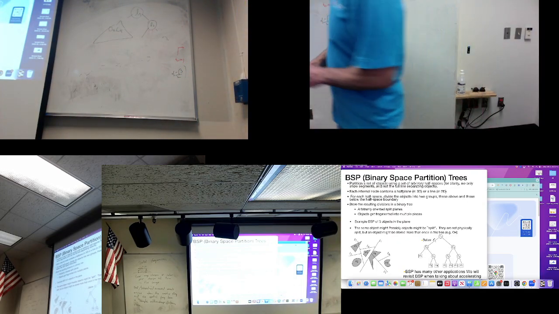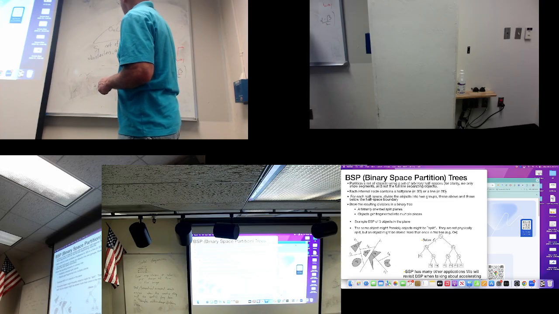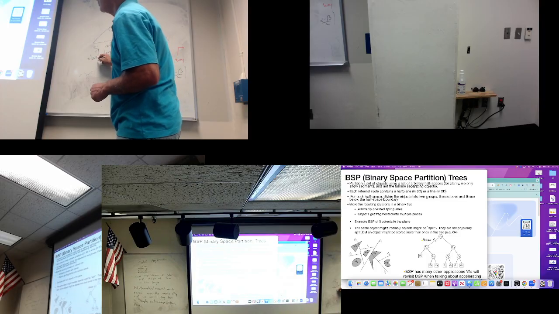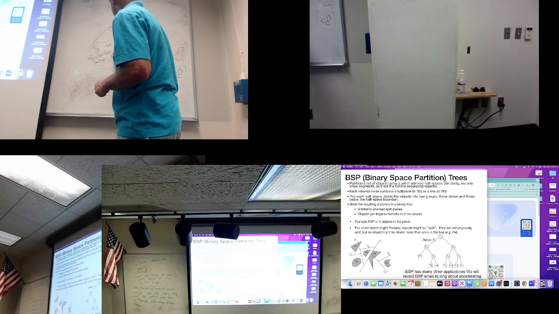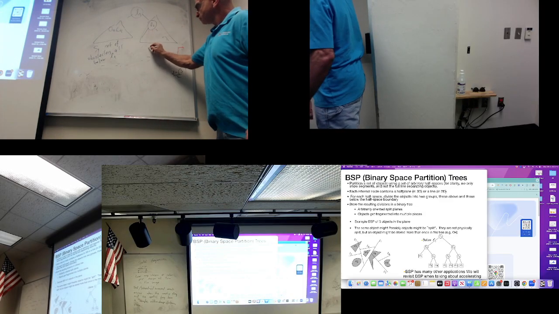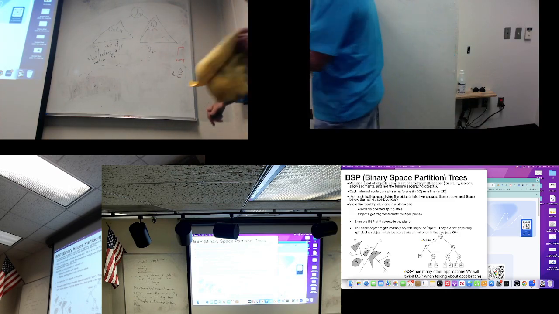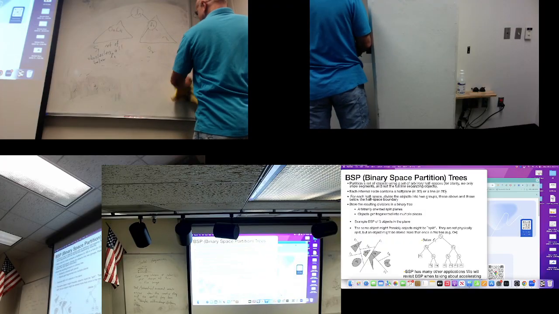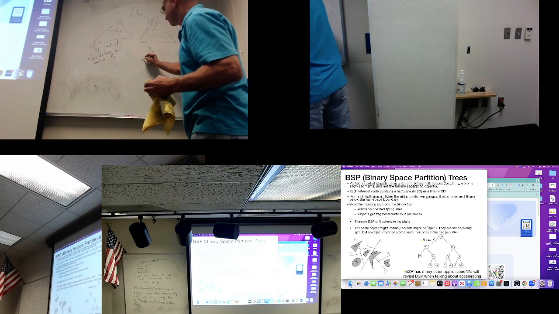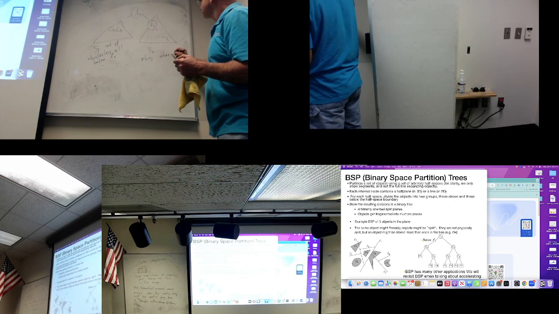So you have S1, which is a set of obstacles, all below L1, and you have S2, capital S2, a set of obstacles which are all above L1.